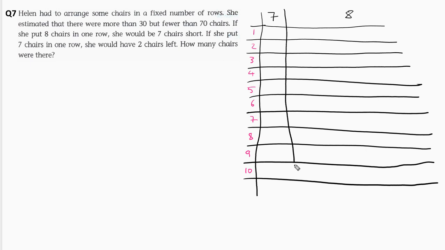Okay, so that's going to be the 7s. Here we're going to have the 8s. Obviously, I'd be much neater if I had a proper pen and paper, and you would be neater in your books, I'm sure.